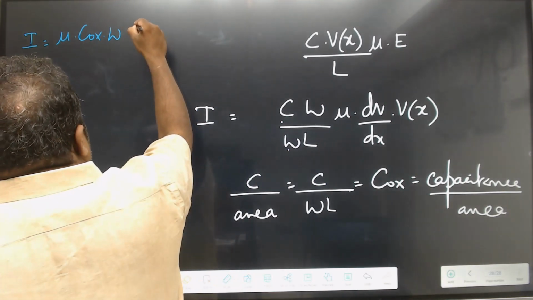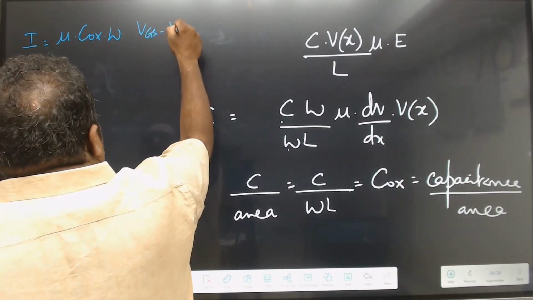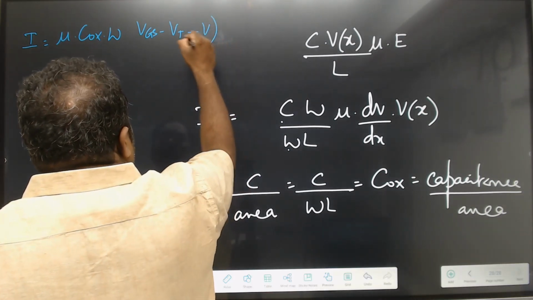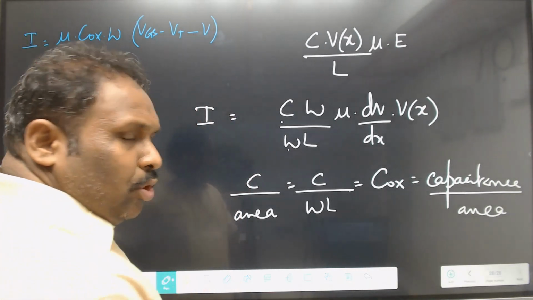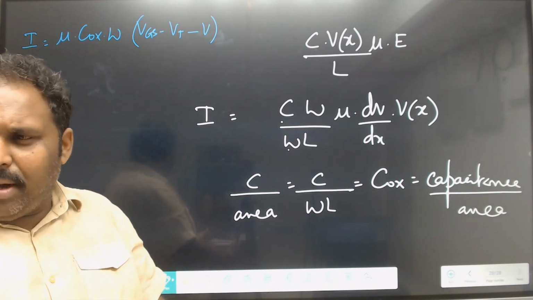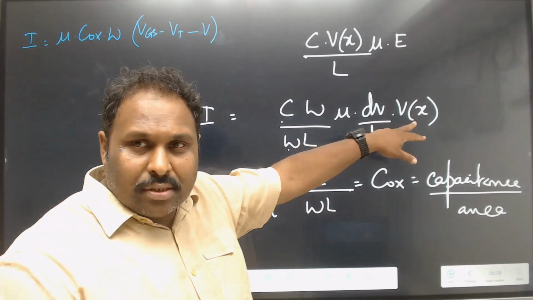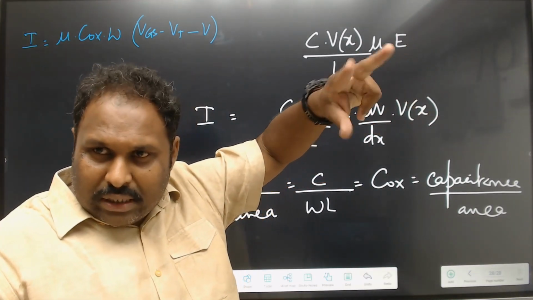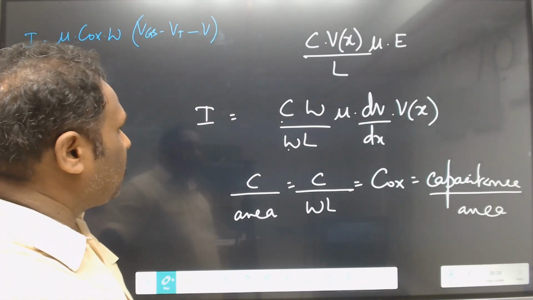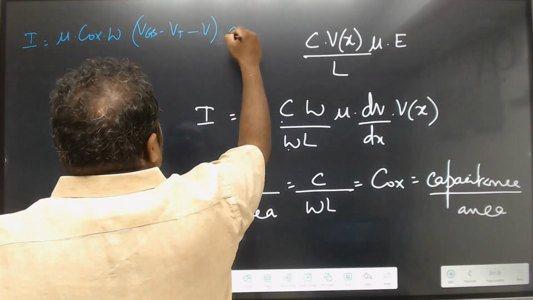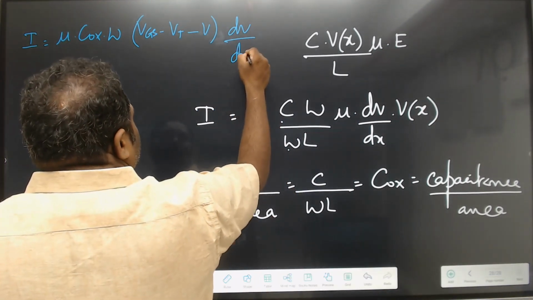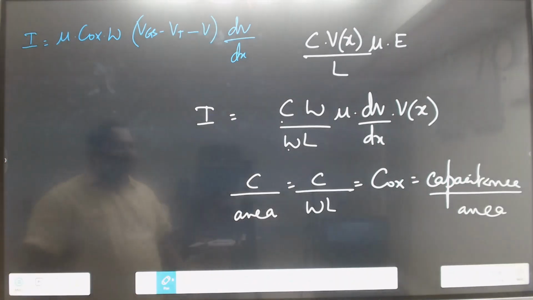It is VGS minus VT minus the voltage V, which is the drain source voltage, which is variable. So V of x is the voltage across the gate and channel. So it is VGS minus VT minus V into dV by dx. Any doubts?